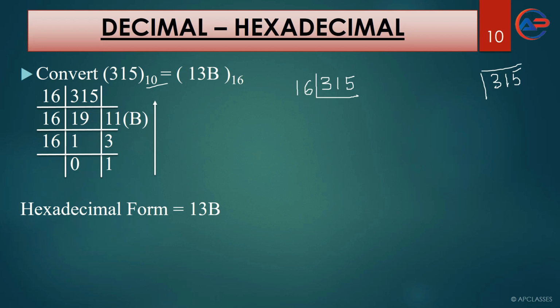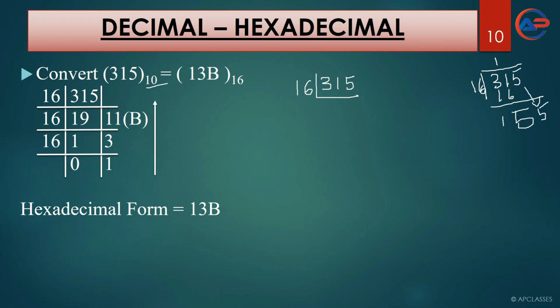Here 16 ones are 16, 16 twos are 32. So we cannot write 16 ones here, we'll have 15 here. Then 5 will come.